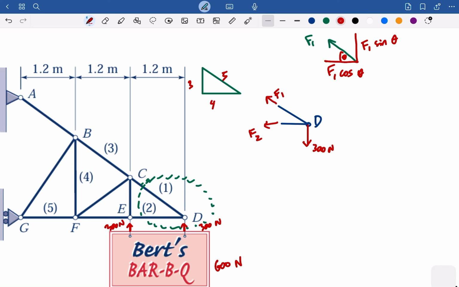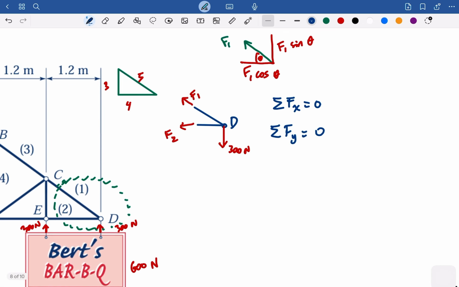So, since for now we can only observe the axial forces, we could start by taking the sum of Fx equals 0 and then the sum of Fy equals 0. Okay. Now let's start with the x.